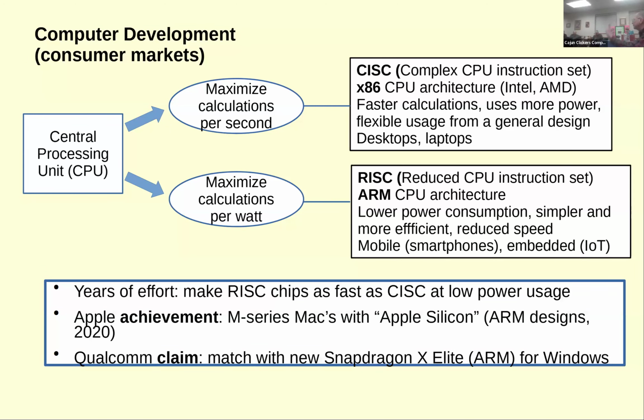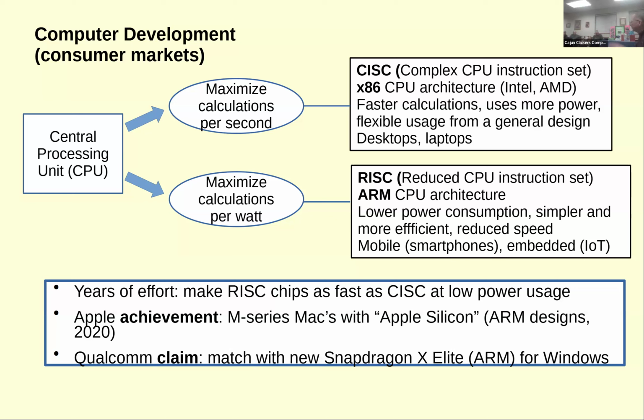There's plenty of years of work, maybe a decade now, or a little more. People have been trying to take these RISC chips and let them run the CISC, the x86 language, as fast as what these do, but use as little power as our cell phones. Okay.